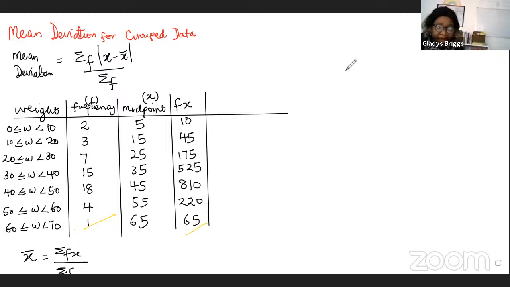Sigma F is equal to 40 and sigma F times X is equal to 1,850. Guys, confirm the numbers, please. Punch them through your calculators and confirm them.